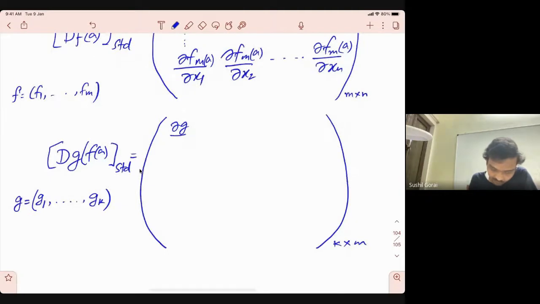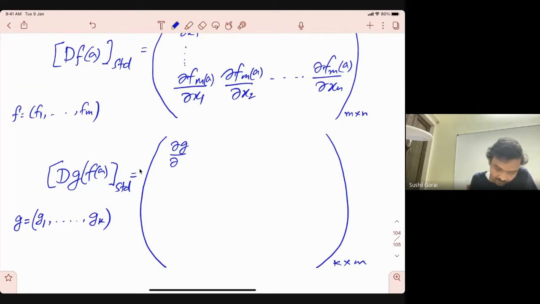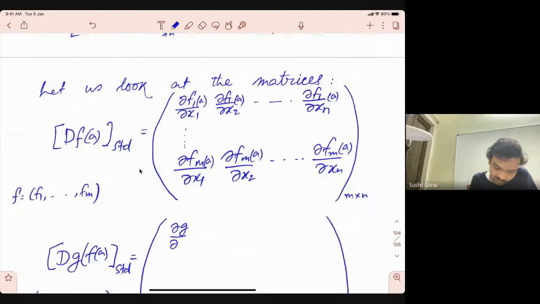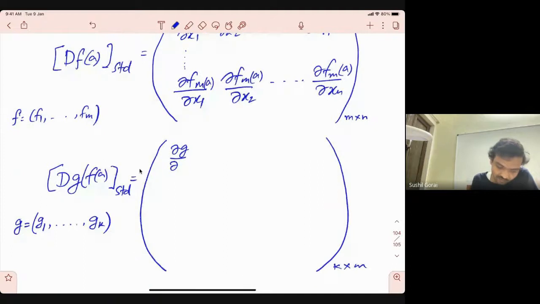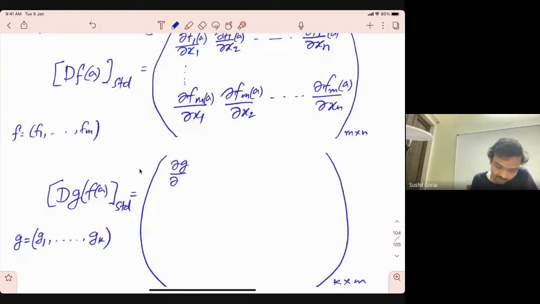Here x1, x2, xn are dummy variables. I can write either x or y, so I'll look at the variable y.